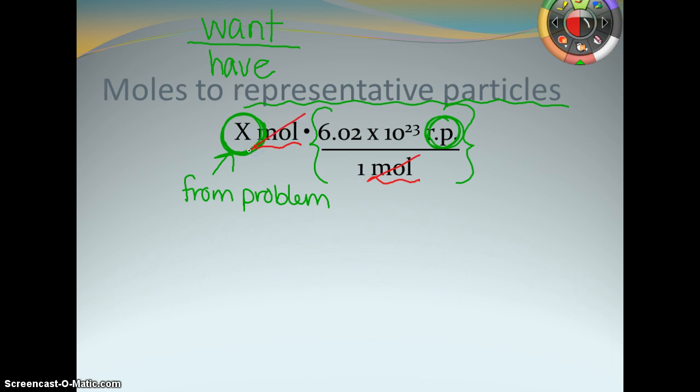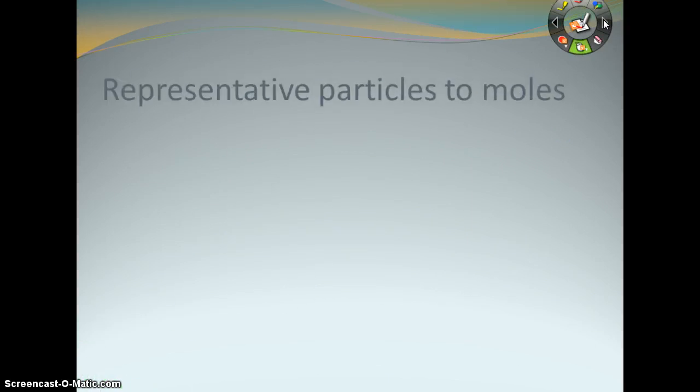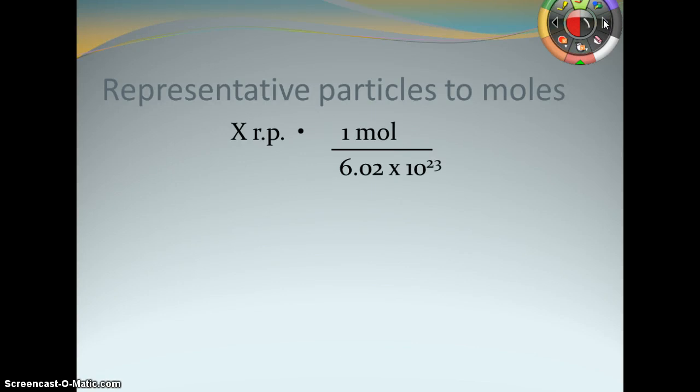Now, if you're going in the reverse direction, we're trying to get from representative particles to moles. We're starting with representative particles, so what's going to be in the numerator of our conversion factor? 1 mole, and in the denominator, it's going to be Avogadro's number, 6.02 times 10 to the 23rd, however many particles you have.